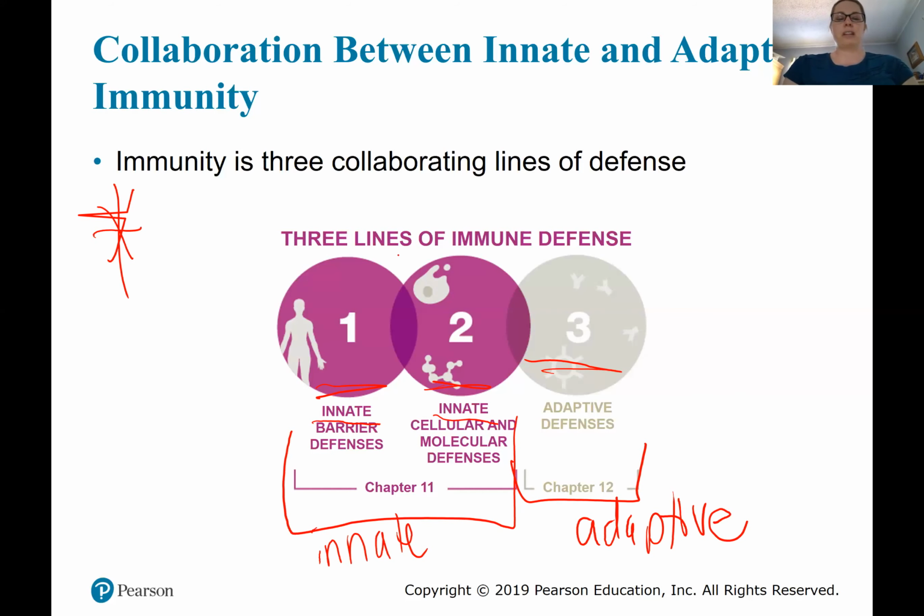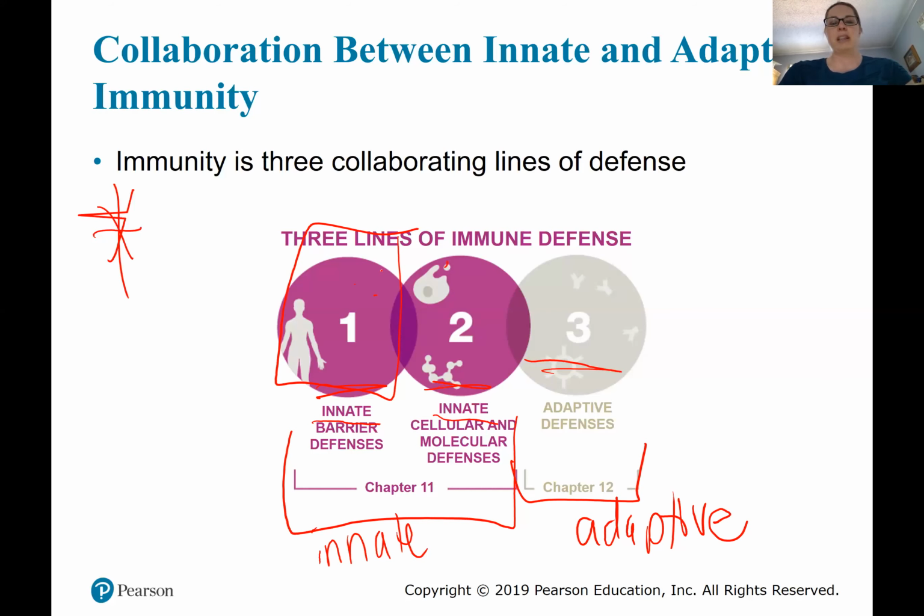But the first line of defense is kind of like the perimeter, the walls around the fort, the moat around the castle, okay? Just like the physical barrier defenses to keep, and remember these are not specific, just to keep everybody out, okay? Keep all foreign things out.